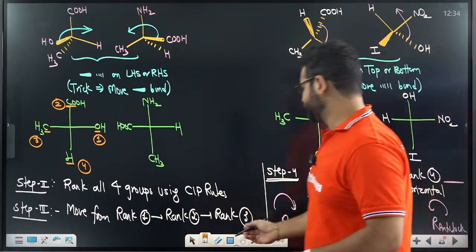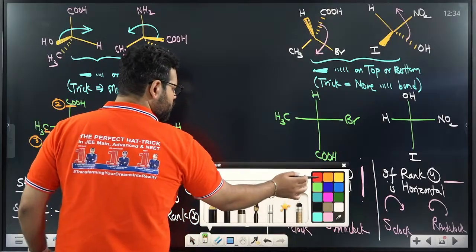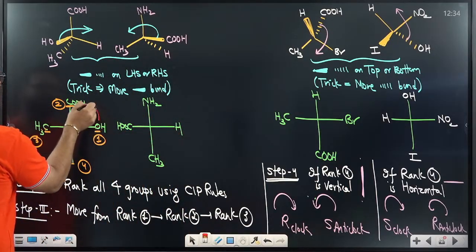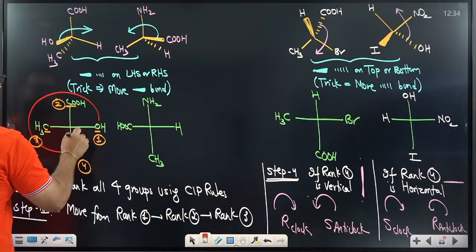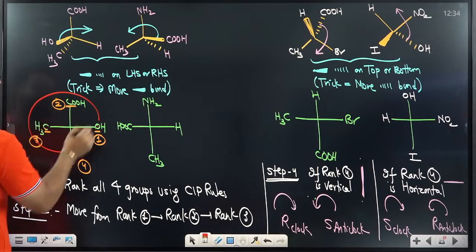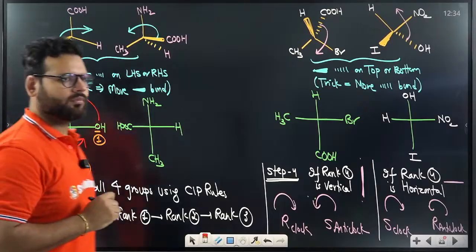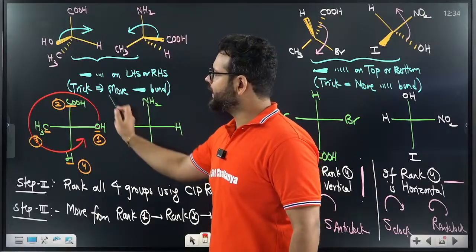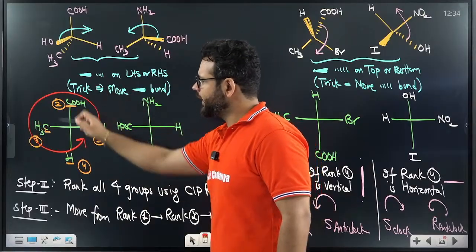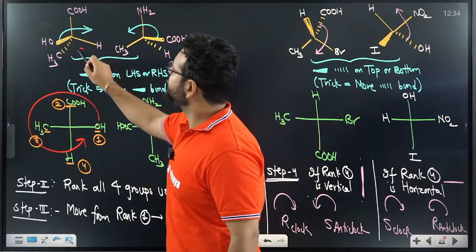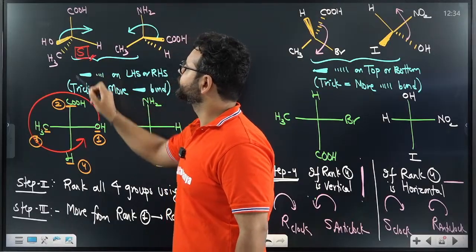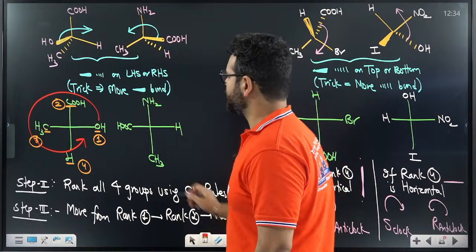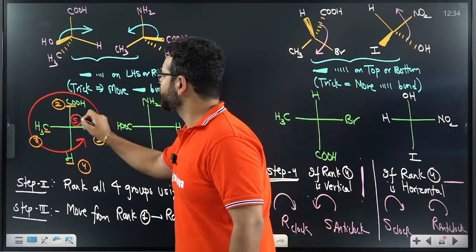Go from 1 to 2, 2 to 3. We are moving anti-clockwise. 4th vertical, anti is S. So this is S configuration.